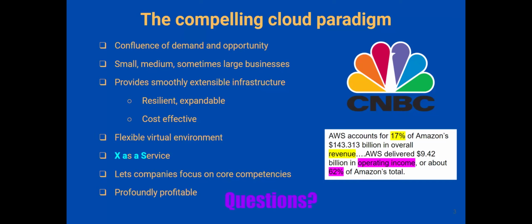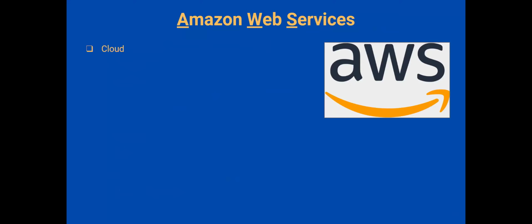Okay, let's drill down first to Amazon Web Services, and then we're going to look at the networking. AWS stands for Amazon Web Services. That's the cloud. Guess what? It's got over 200 services, and I got this from Amazon. I don't know what they all are, but I'll give you some highlights.